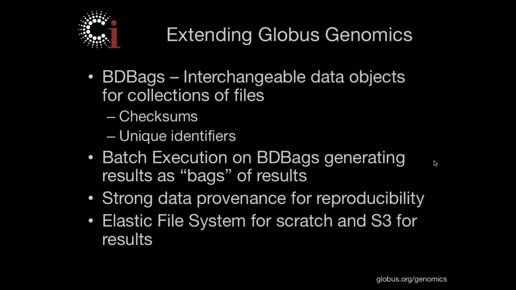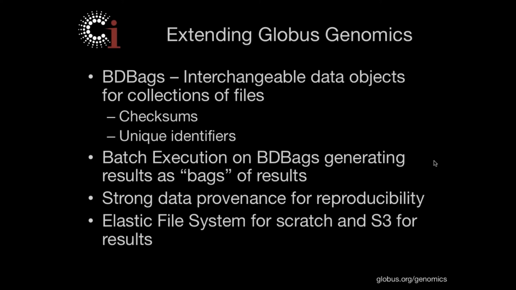So we have used the BD bags that I talked about to generate these data sets. The results from ENCODE are encapsulated in BD bags. We created a batch execution in Globus Genomics that takes these BD bags. So for example, your query to ENCODE could result in a bag of FASTQ files corresponding to lymphoblast or brain tissue.